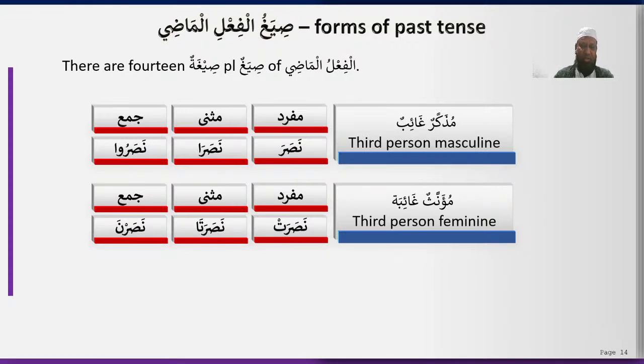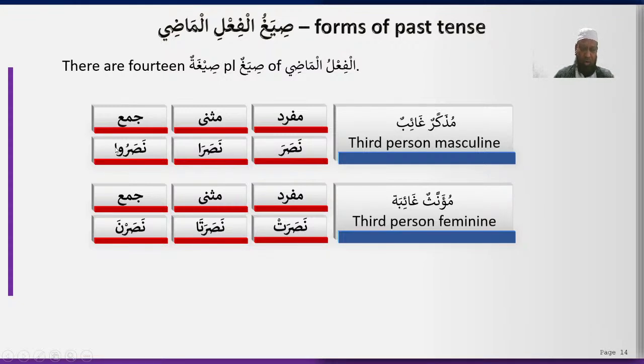Let's see what is the siga mabni ala al-dam. It is only one siga out of all 14. One siga mabni ala al-dam, and that is jama' mudhakkar ghaib. Nasaru mabni ala al-dam, because we have a dhamma on the لام الكلمة, مبني على الضم.